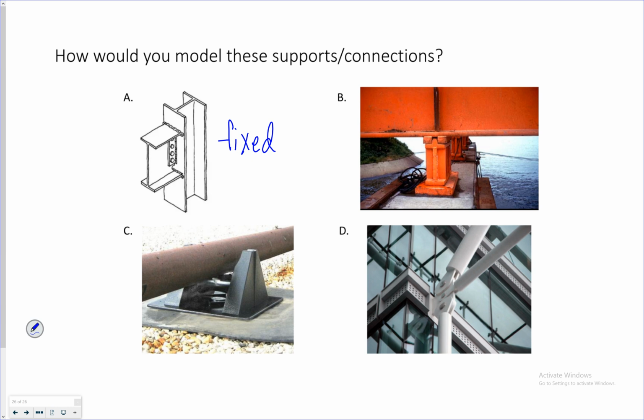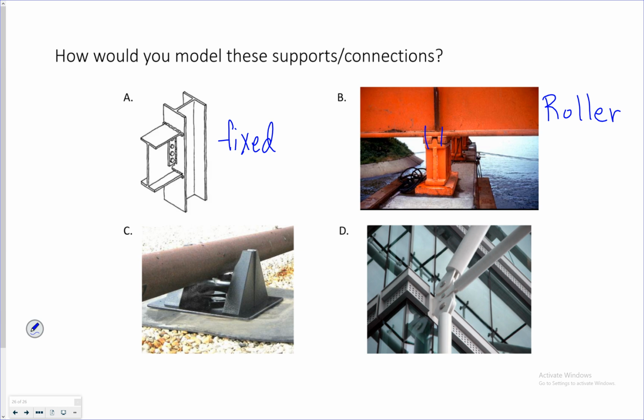Looking at letter B, it's definitely being constrained vertically. Doesn't look like it's being constrained rotationally. Not sure about the horizontal, so that looks like it's a roller. But if, let's say it's bolted right here or something, then that would be preventing horizontal movement.